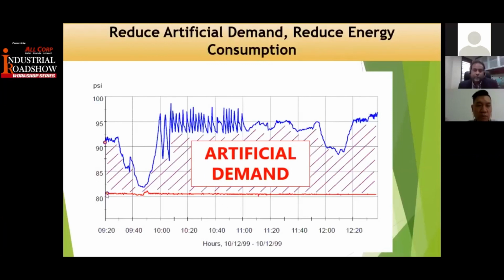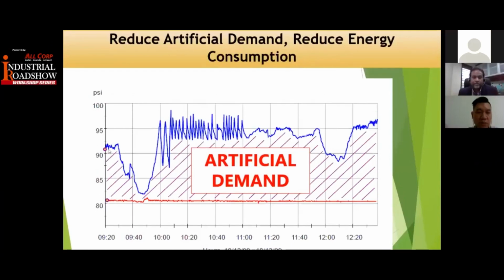If the requirement in your plant is only 80 psi, but you are seeing this type of fluctuation, and you set your compressor below 80 psi, your production will be affected because it will go below this line. In this case, this is called artificial demand, which is not necessarily being used in any plant.